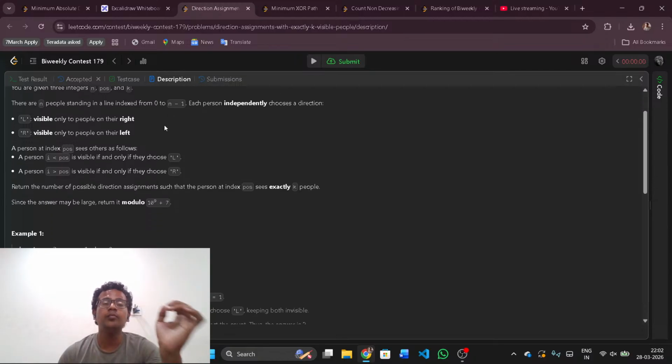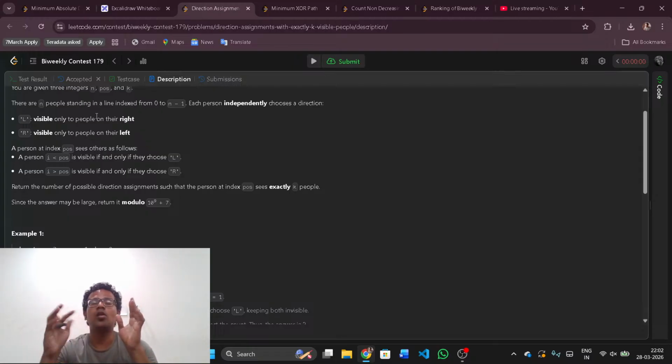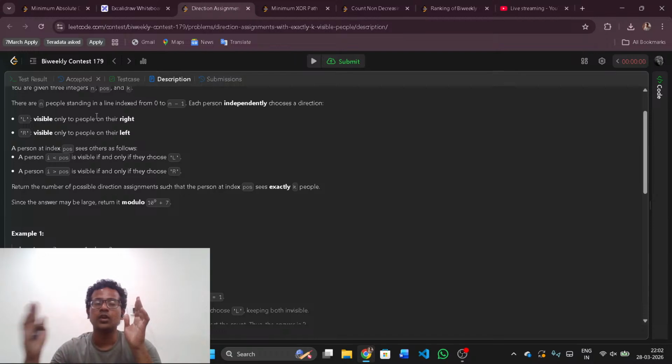There are n people standing in a line indexed from 0 to n minus 1. Each person independently chooses a direction. L means visible only to people on their right. So if a person chooses L, this person is visible only to those who are to the right of this person.